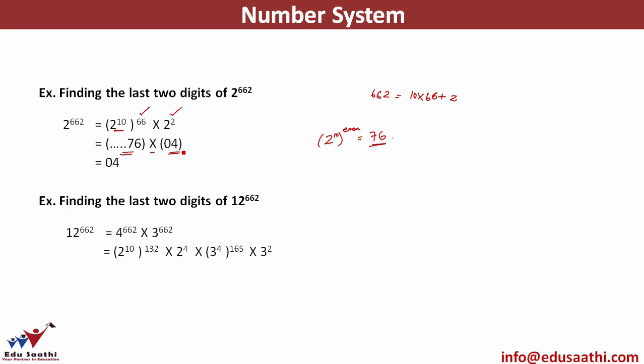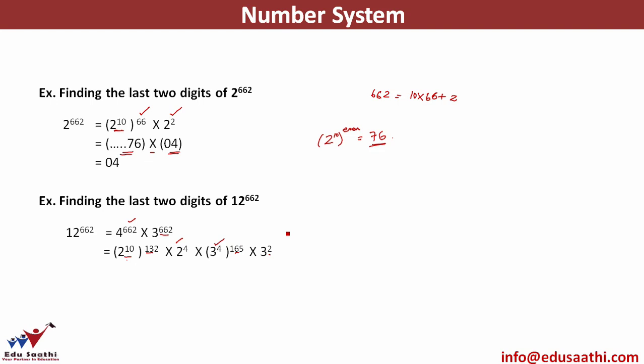So if I look at it, 4 raised to power 662 can be separated as 2 raised to power 10, the power is 132, into 2 raised to power 4. So this power has to be split up such that the value becomes equal to this, and 3 raised to power 662. Now for 3, I'll keep 4 inside because I know 3 raised to power 4 ends up in 1. And the rest of the power would be 165, and 3 square.